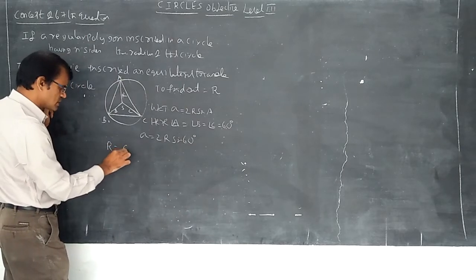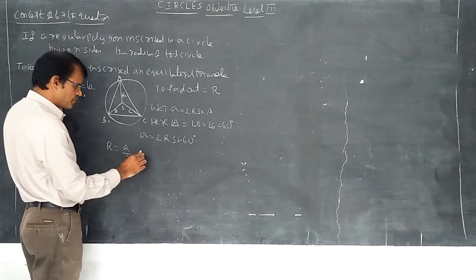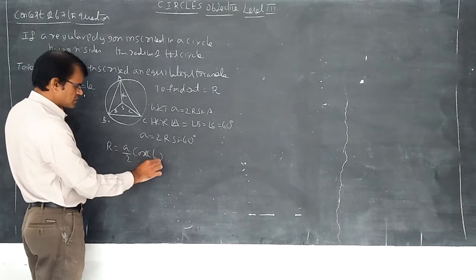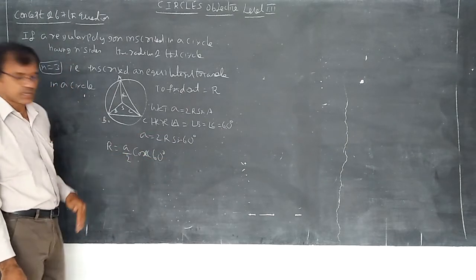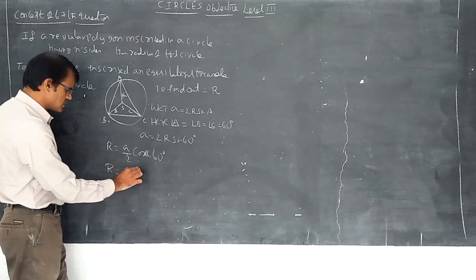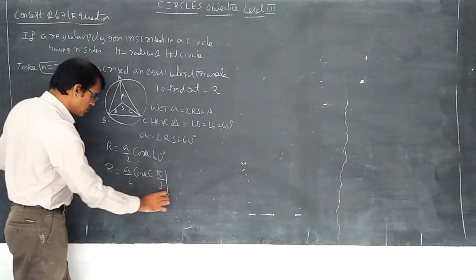Now for capital R, we can write a by 2 cosec 60, because 1 by sin becomes cosecant. So capital R is equal to a by 2 into cosec pi by 3.